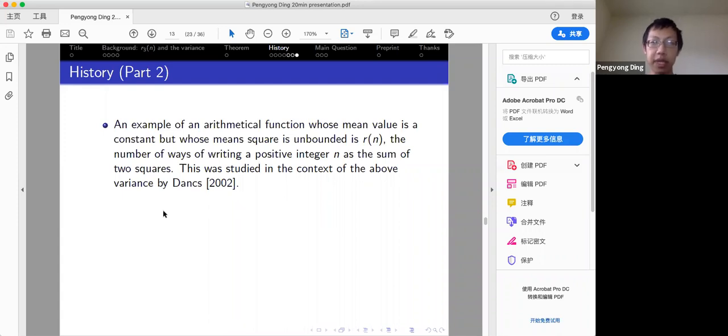is unbounded is R of n, which is the number of ways of writing a positive integer n as the sum of two squares. This question was studied in the context of the above variance by Deng in 2002.